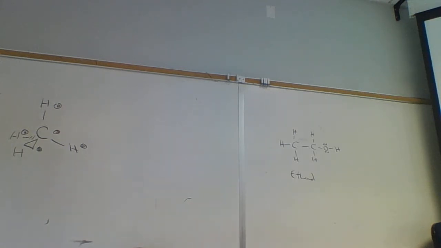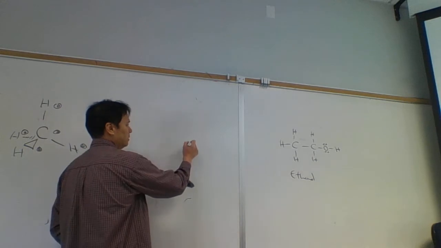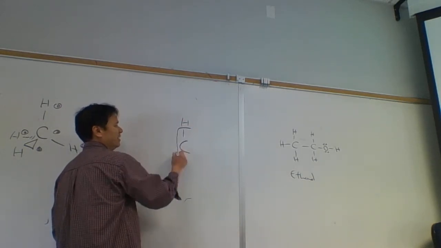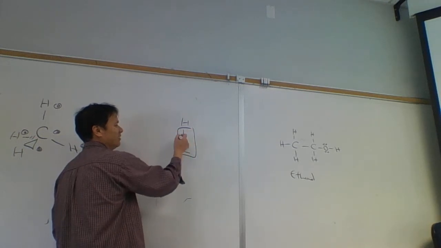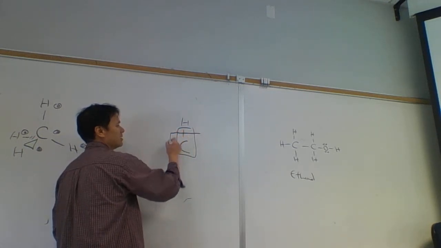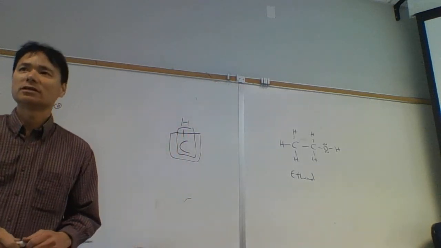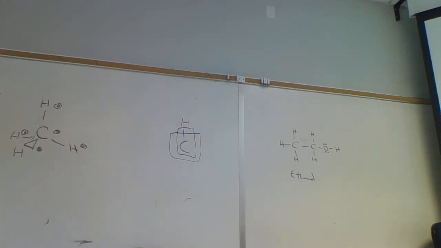Remember what I did. If you're having trouble starting, remember what I did as far as winner take all or 50-50. Winner take all is like this. Carbon gets that. 50-50 split is like this. Shared. So you've got to split up the electrons that way and then count them.